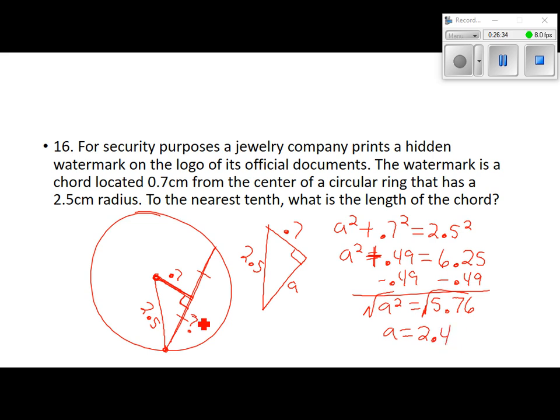So this part right here is 2.4 centimeters. Well, that's not our answer. That's this half of that chord. The other half is 2.4. So we want 2.4 plus 2.4, which is 4.8 centimeters. That's how long the chord is.